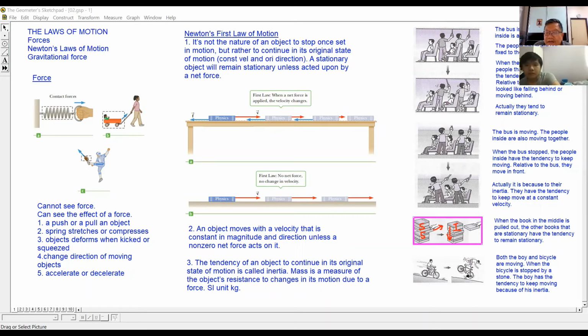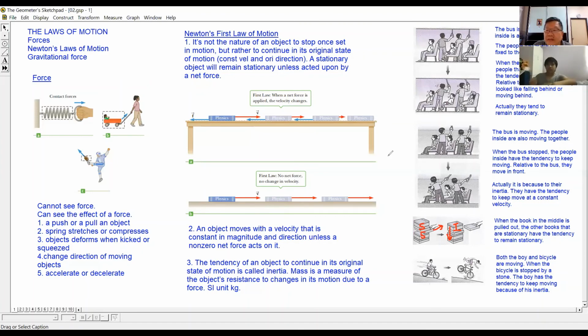How about this case? The boy cycling suddenly hits a stone and the bicycle slows down. What happened to the boy? The bicycle stopped, but the boy keeps moving forward. Why?